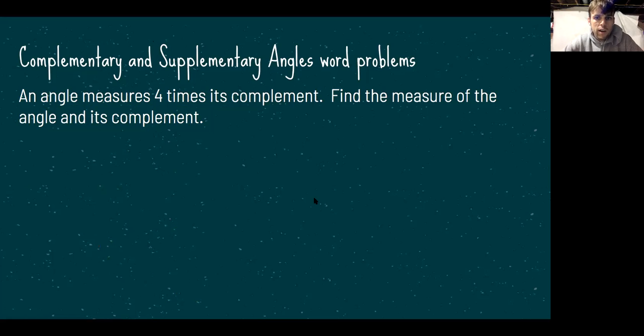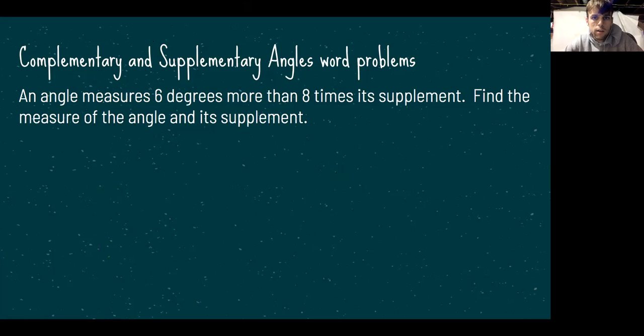All right, and then our last word problem here, a little bit more complicated relationship, but we're going to solve it really similarly. An angle measures 6 degrees more than 8 times its supplement. Find the measure of the angle and its supplement. So really similarly, I'm going to create a let statement. So I'm going to let x equal the angle measure.